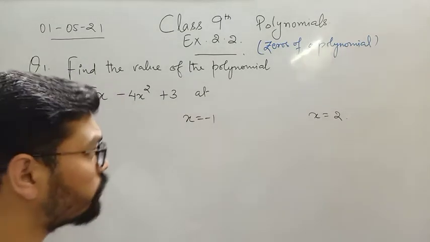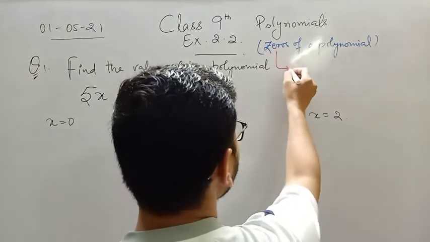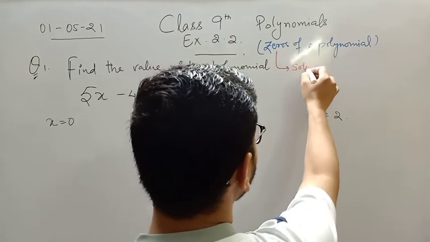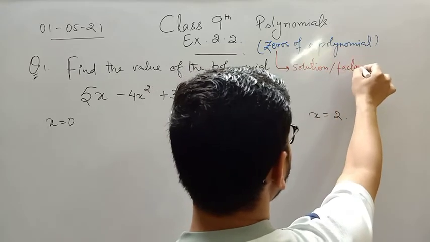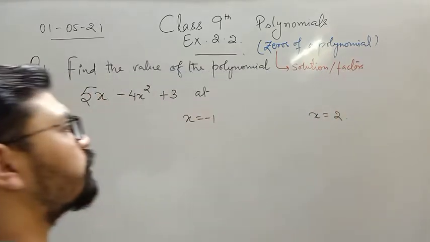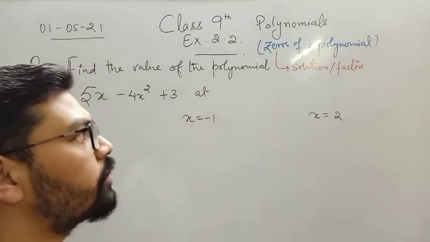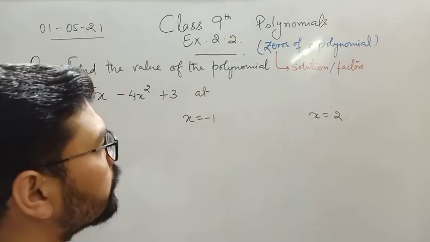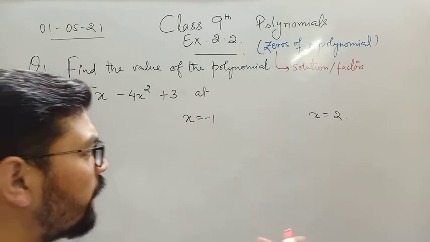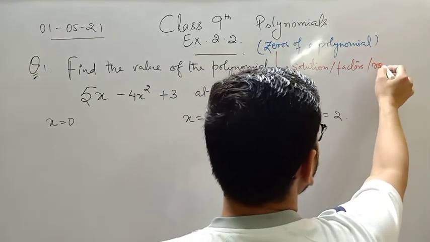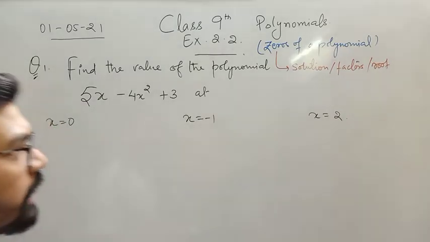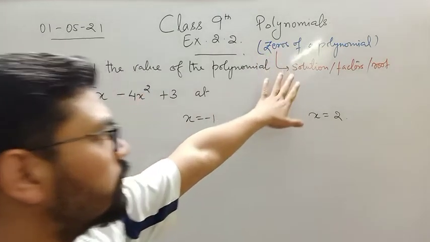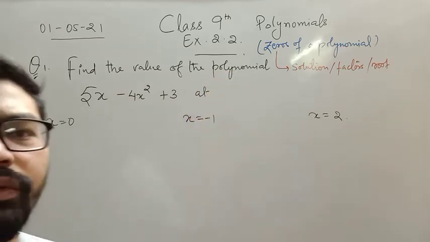In higher classes you will learn zeros are also known as solution, factors, and roots of a polynomial. So these words you are going to learn in higher classes. Till then, just focus on zeros. So zeros of a polynomial means solution of a polynomial.